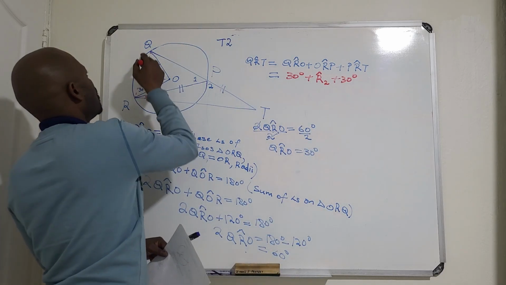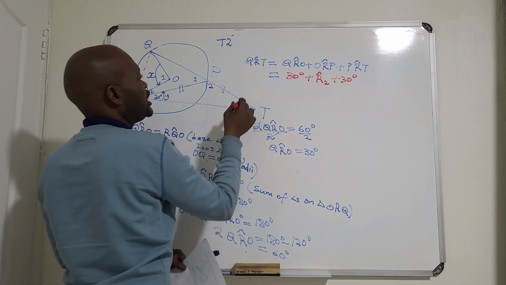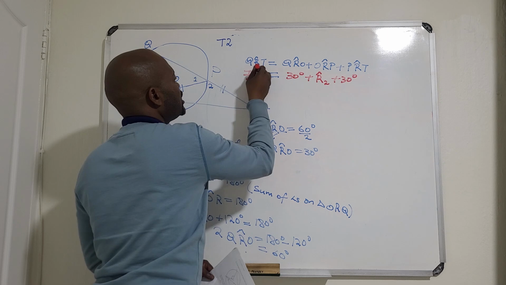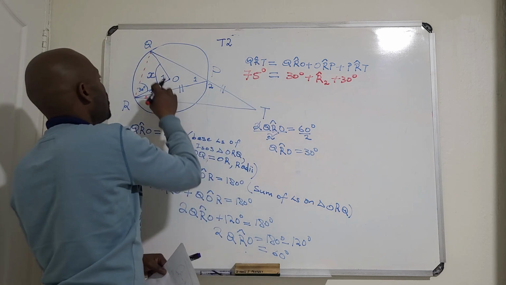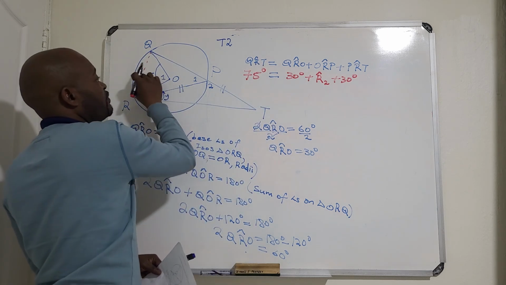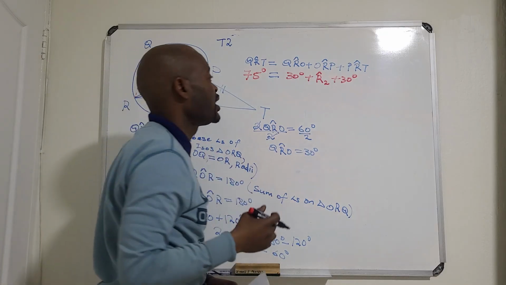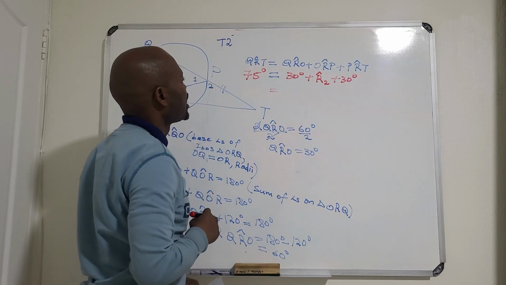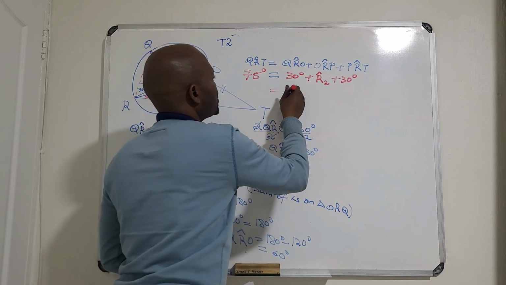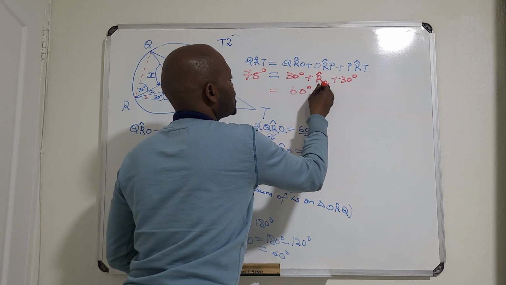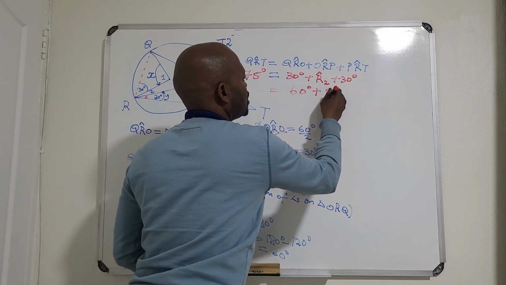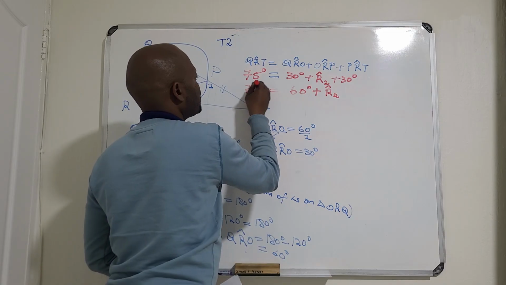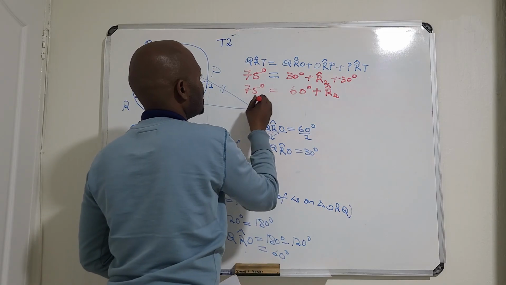But we know angle QRT, we have found it before that it is 75 degrees, if you can remember, in the first part when we started with this problem. Therefore, this will be 60 degrees plus angle R2, which is equal to 75 degrees.